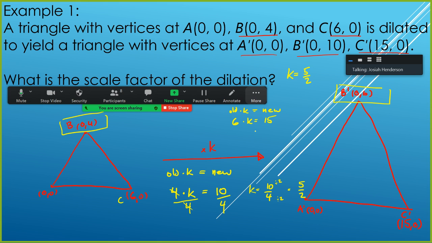New C is at 15. So 6 times k equals 15. Divide by 6. So k is 15 over 6. And if you reduce this by dividing 3 on top and 3 on the bottom, we get 5 halves. So we get the same k no matter which points you choose to use. The key here is using our formula, old figure times scale factor equals new figure. And you can pick any points that we have to compare old to new.